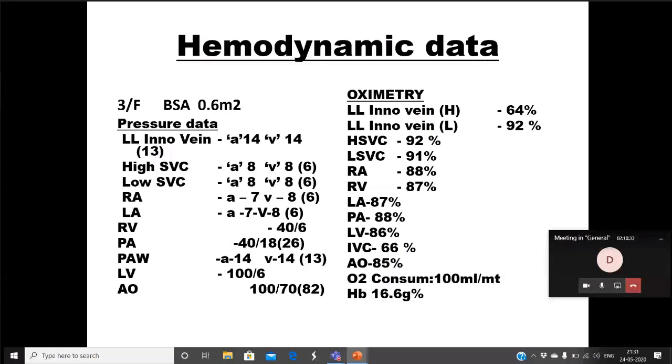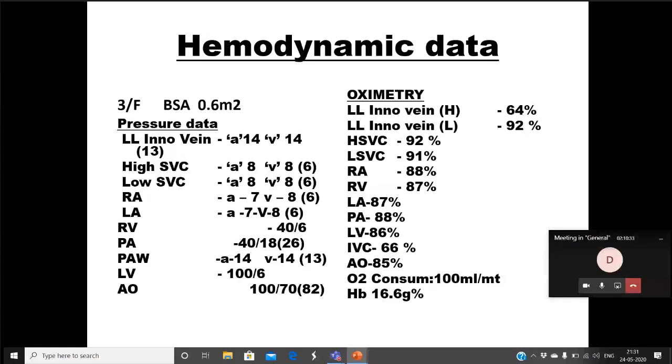Aortic pressure is 100 by 70, mean pressure 80, normal. So the abnormality in this pressure data is the pressure gradient across the pulmonary valve, and elevated RV end diastolic pressure.